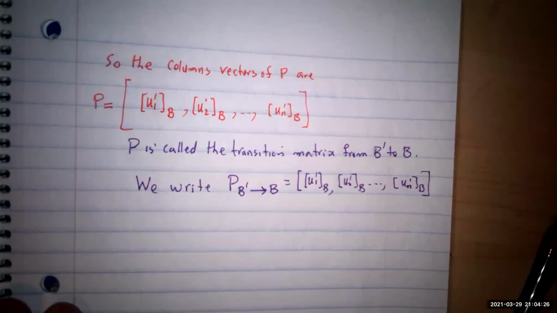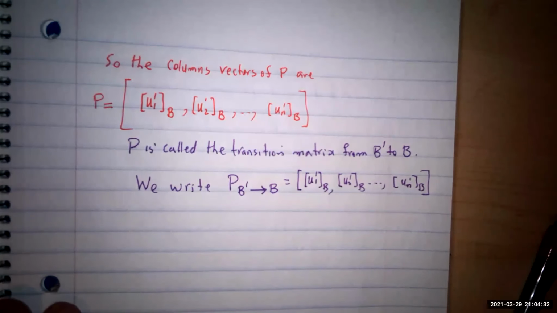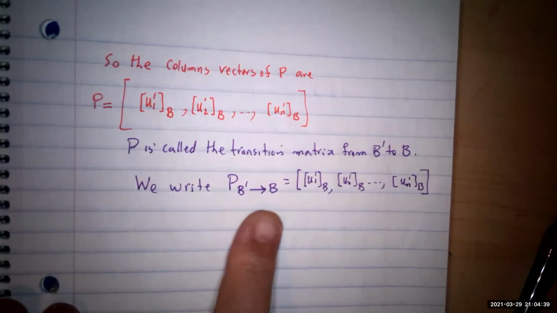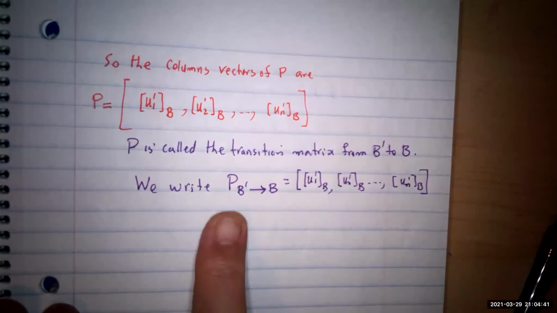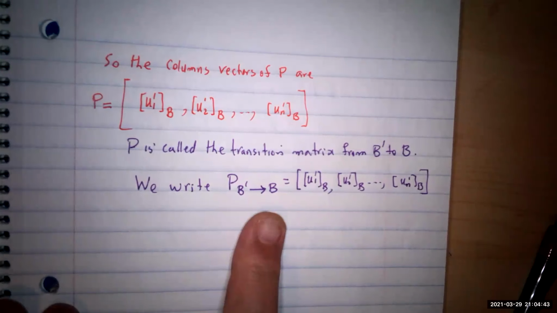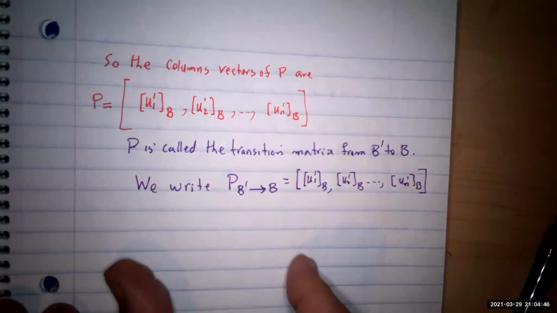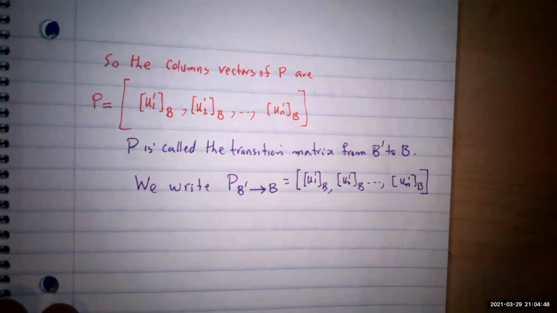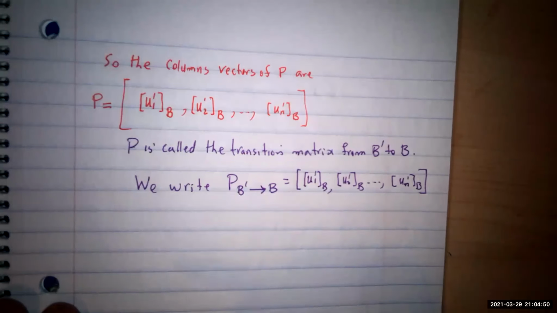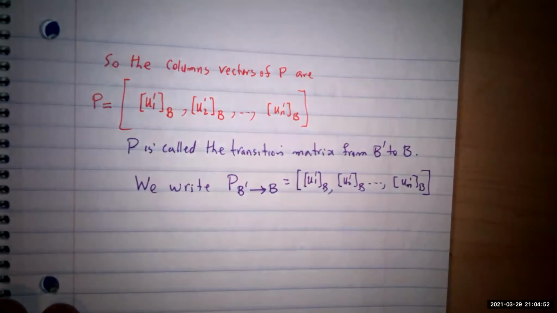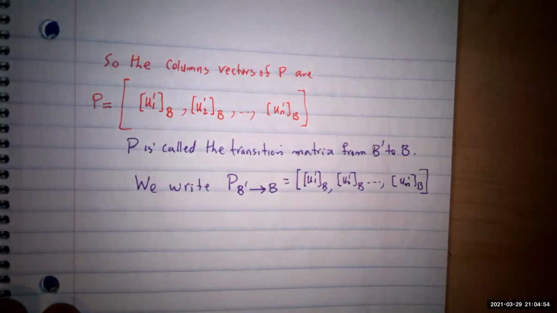Similarly, you can switch it to get the other way around. You have to make sure you understand this notation: P from B prime to B, exactly the way I put it over here.